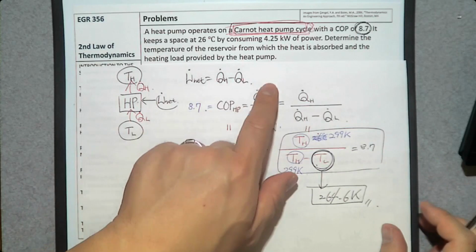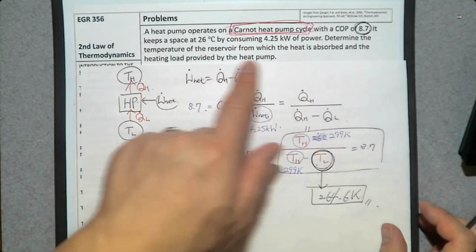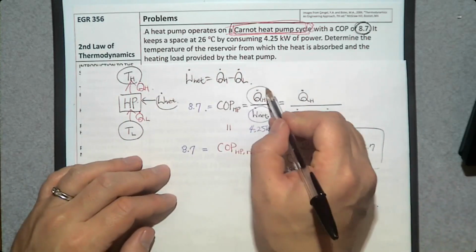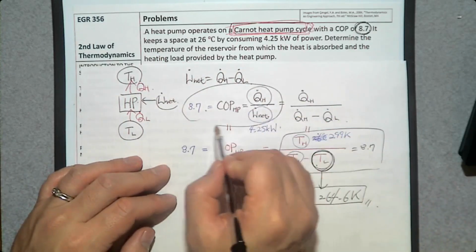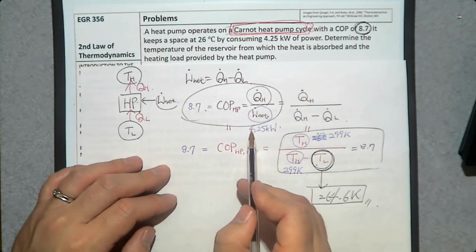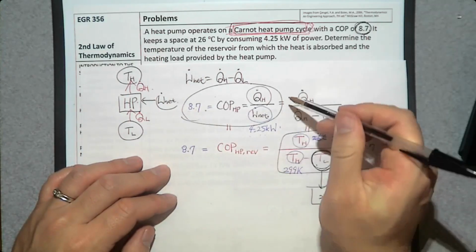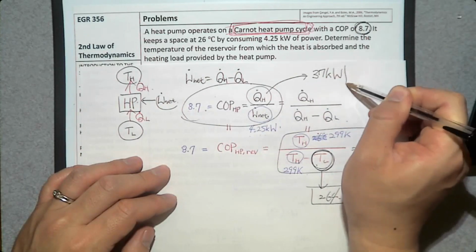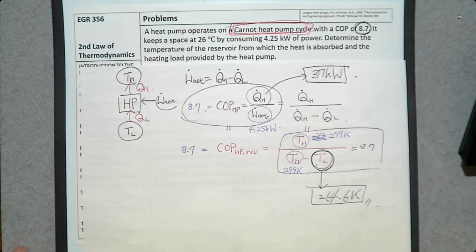What about the heating load provided by the pump? So that is Q dot H. So this one is 8.7 times 4.25. So Q dot H is going to be 37 kilowatt. So that's pretty good.